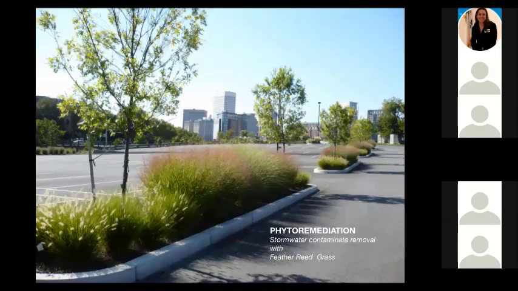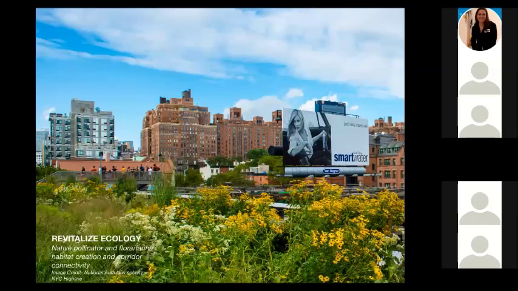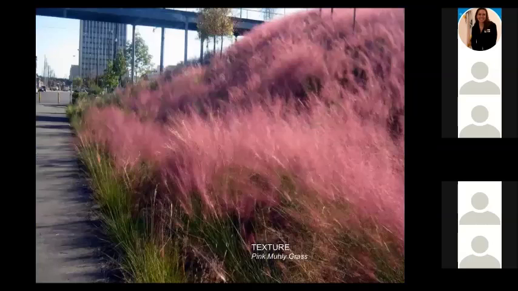And many native grasses provide ecological habitats and bridge this dead ecological zone with more plant diversity. It revitalizes pollinator pockets and increases the flora and fauna habitat opportunities by creating corridors and connectivities with more of the natural spaces and natural zones.